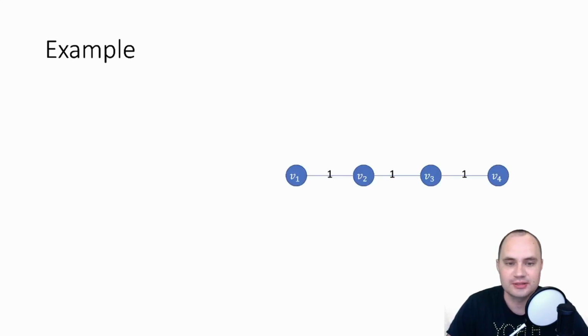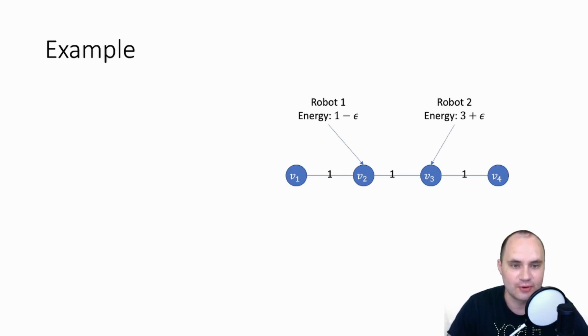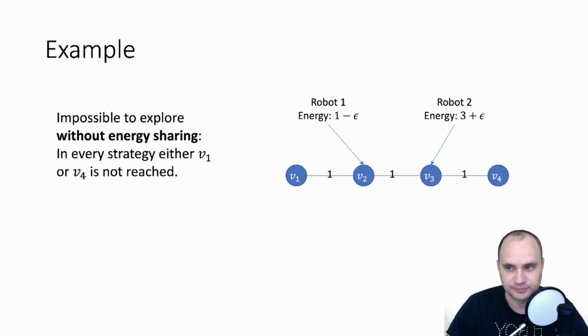As an example, consider the following simple graph, which is just a path on 4 vertices with all edges having length 1. Suppose that you have robot 1 located at vertex V2, and that robot has initially energy 1 minus epsilon. There is robot 2 located at the vertex V3 with the energy 3 plus epsilon. It is easy to see that with such an initial configuration, it is impossible to explore the edges of this graph without sharing energy.